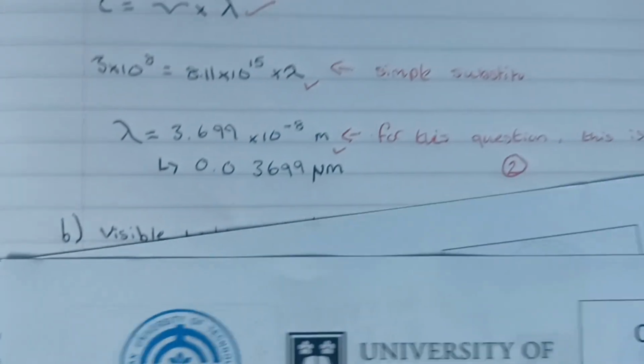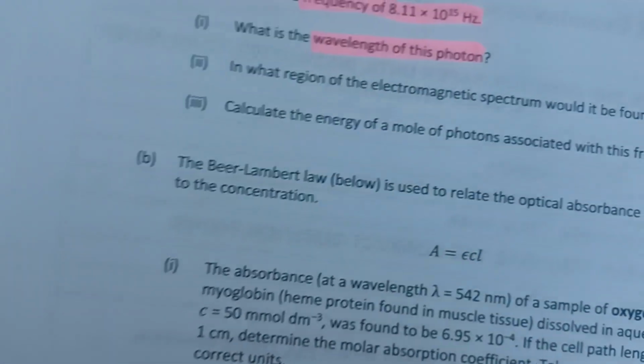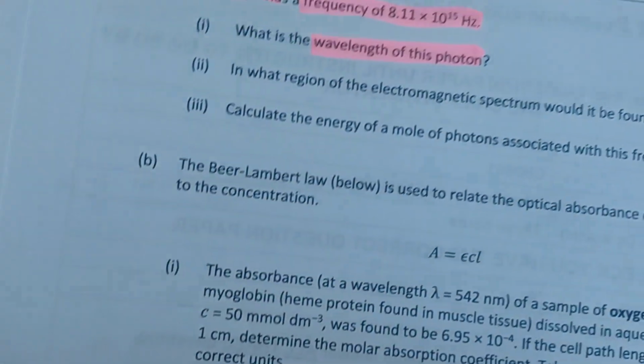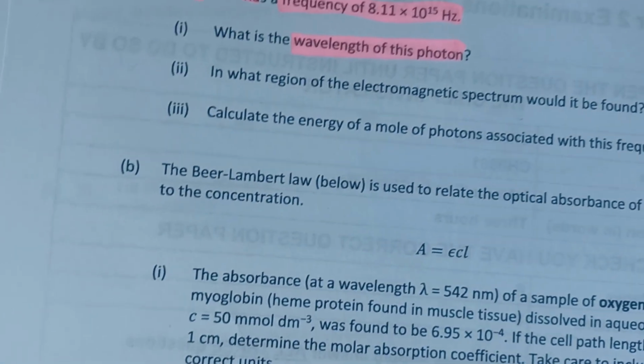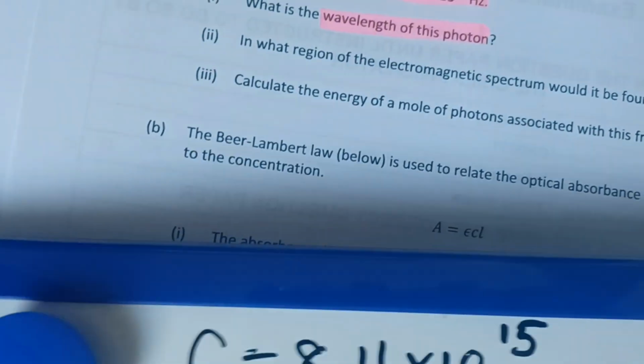For this question, it hasn't stated to change it into an actual thing. So obviously 3 times 10 to the minus 8 meters is very, very small.